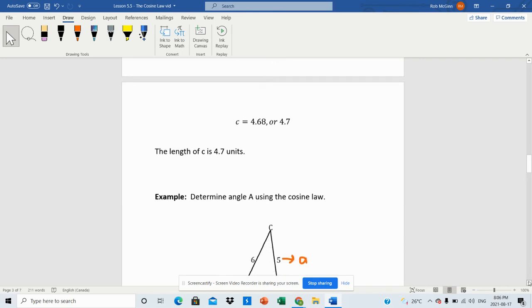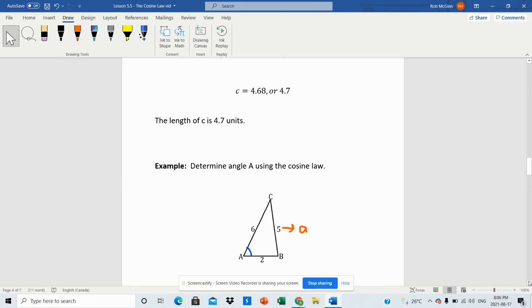In this example, we know all three sides, but we know none of the angles. And what we want to do is find this angle here, angle A. So we have to make sure that we look at the side opposite an angle, and that's going to be right here. We call that little a.